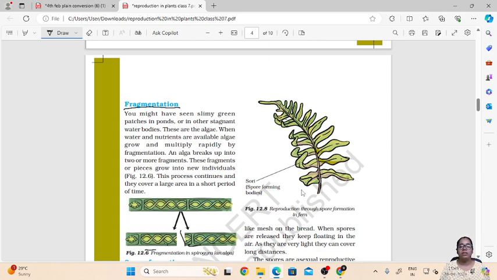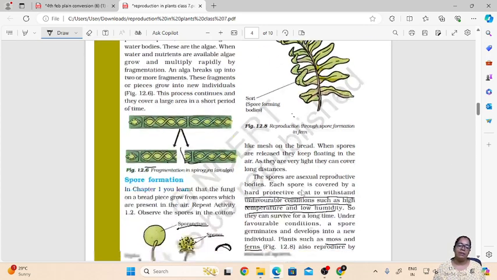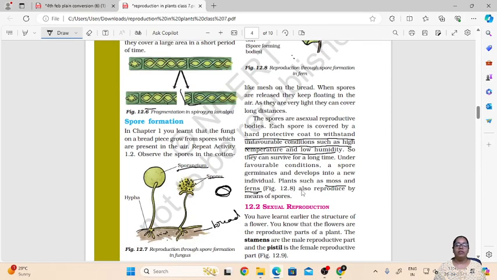These spores then fall onto the ground, and whenever they find moisture under favorable conditions, they will germinate and form a new fern plant or a new moss plant. So this is how spore formation helps in asexual reproduction.